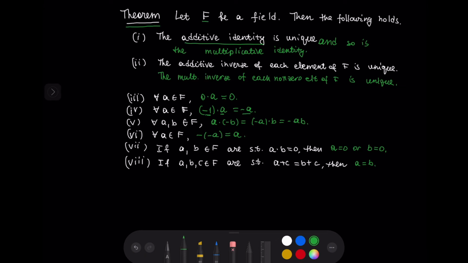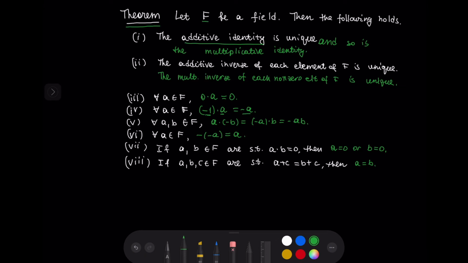And you may have noticed that all of these properties sound familiar. They are all satisfied by real numbers. And that is not surprising because the set of real numbers is a field. So therefore, all of these properties are true for real numbers.